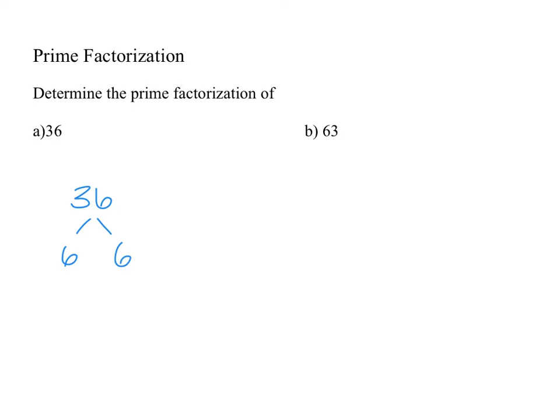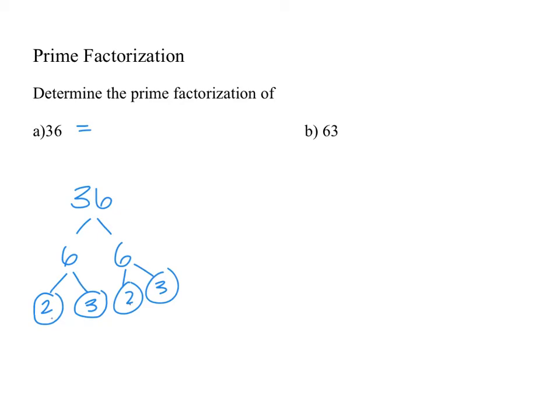I don't have any prime numbers yet, so I'll break them both down again. 6 is, I know, 2 times 3. And once I get a prime number, I actually just circle it because I know that's the end. And this is, again, 2 times 3. For the prime factorization, I'm just going to list them and count how many of each I have. I want to start from the smallest one, so 2.